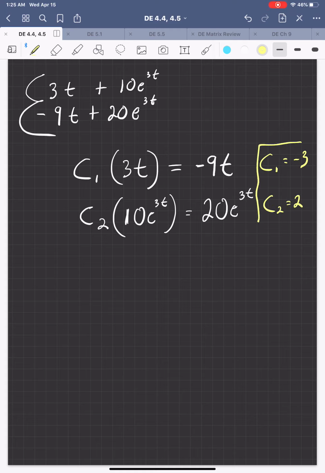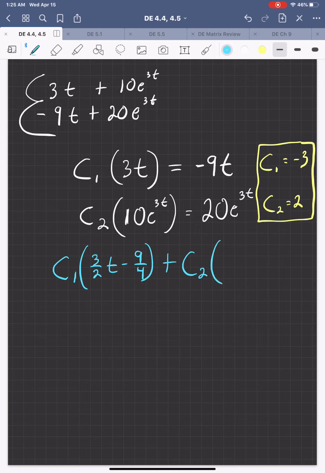Now, the question becomes, how does that help me find the solution to that differential equation? Recall that on the previous page, I had written c sub 1 multiplied by 3/2 t minus 9/4 plus c sub 2 multiplied by 1/2 e to the 3t.